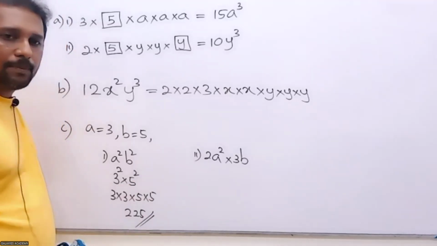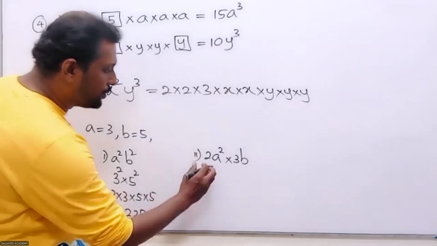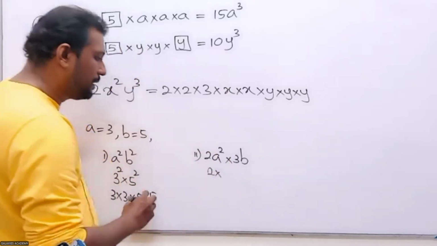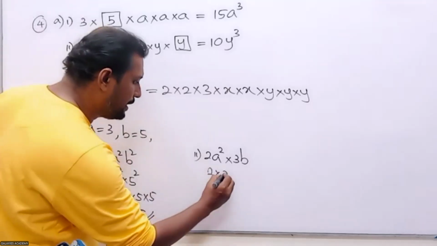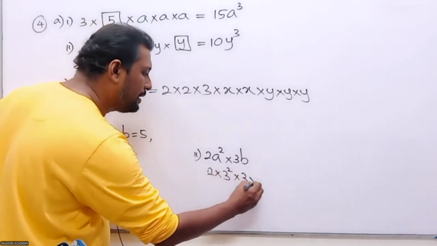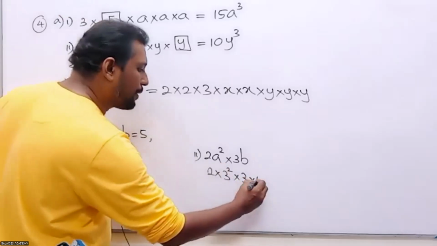Then look at the second part. 2 A to the power 2. A is 3, so 3 to the power 2 multiply 3b. B is 5.